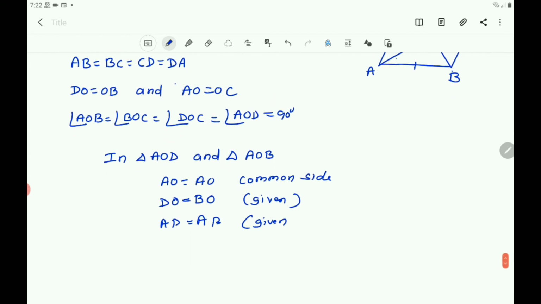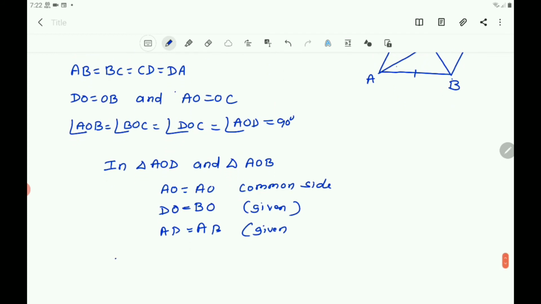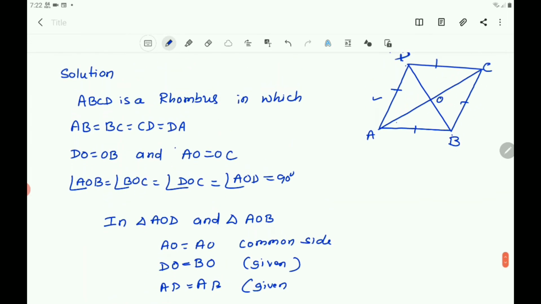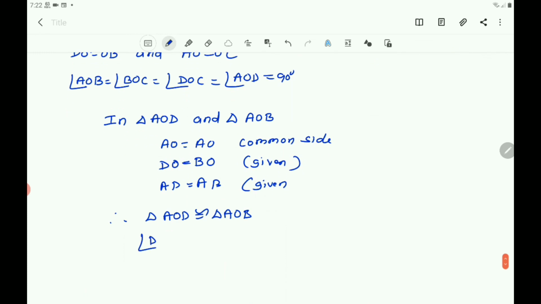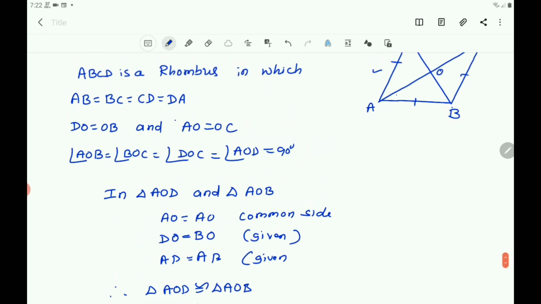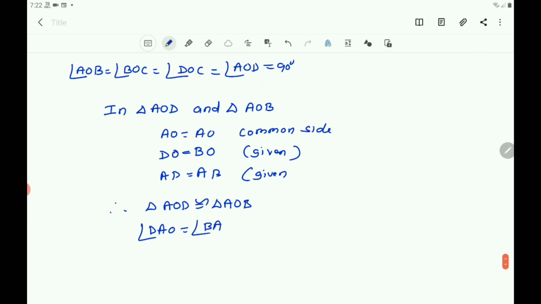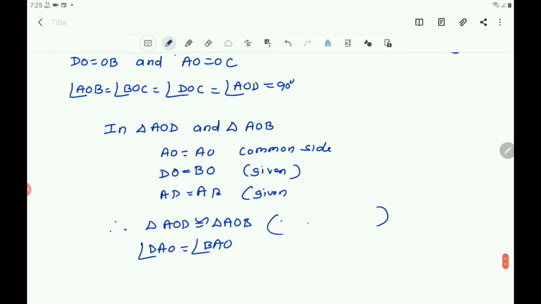Therefore triangle AOD is congruent to triangle AOB, therefore you can write that angle DAO equals angle BAO. Here according to which congruence rule are they congruent? According to SSS congruence rule.